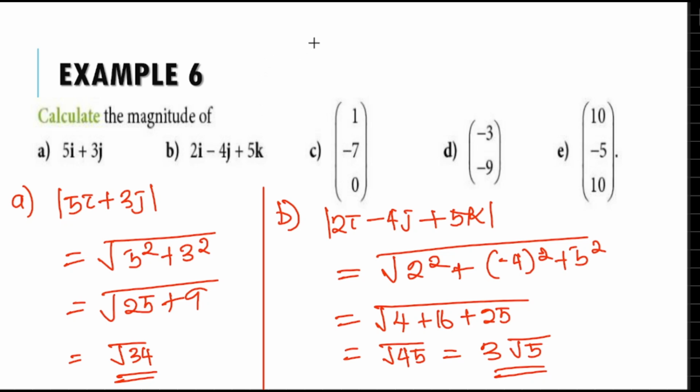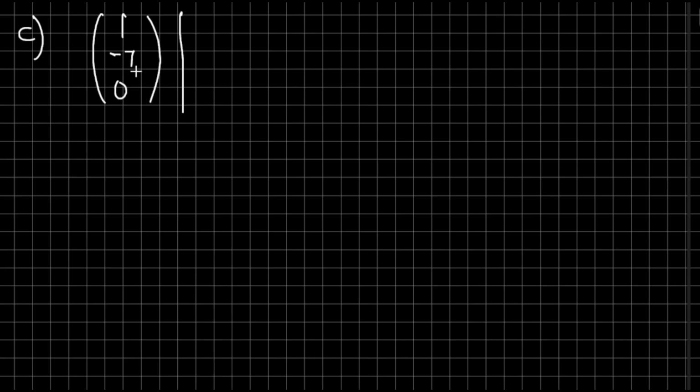C, (1, -7, 0). So we have to find the magnitude, put the line. When you put the line, then it represents the magnitude of the vector. Before you calculate magnitude, you must put the modulus line, because that line shows that you are finding magnitude.